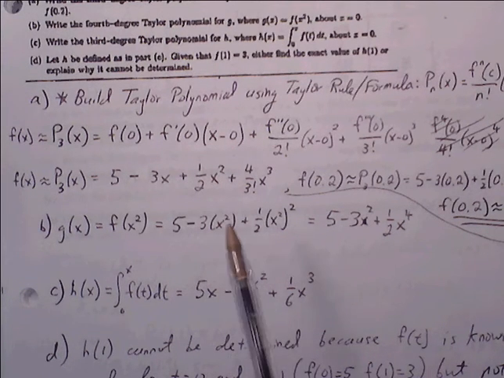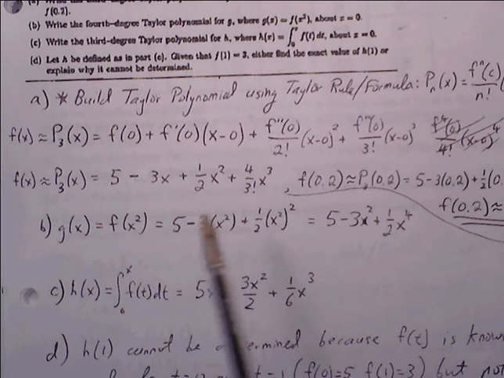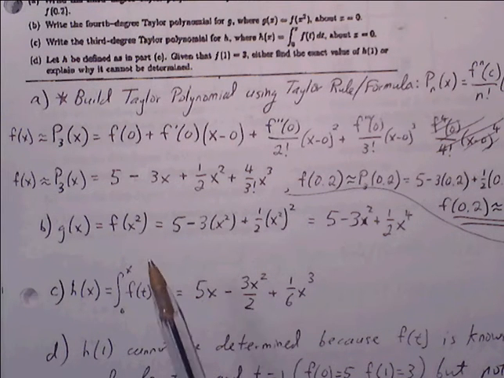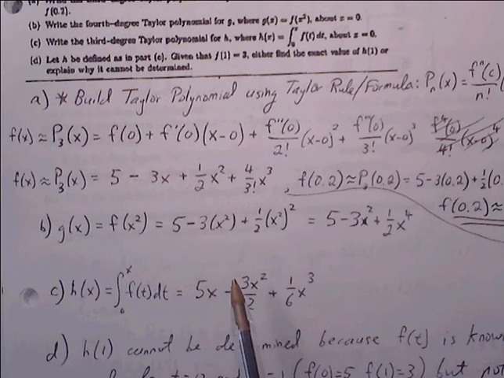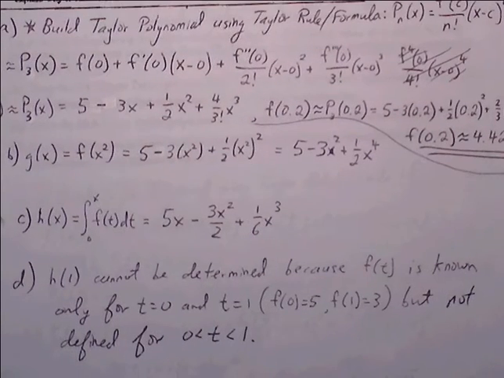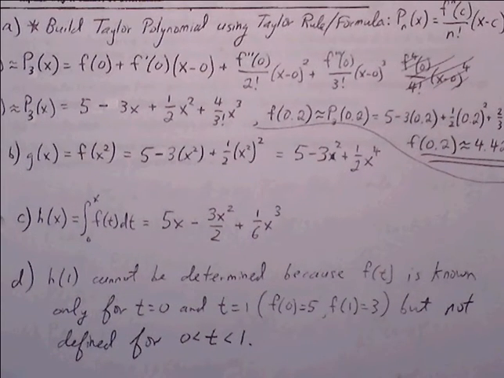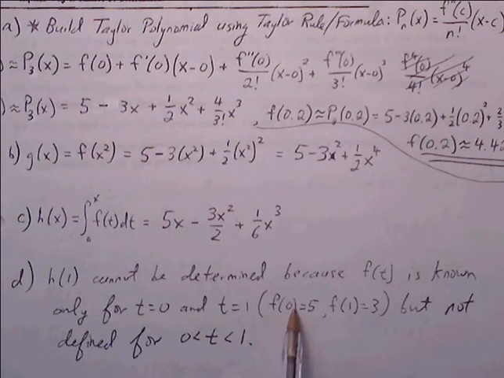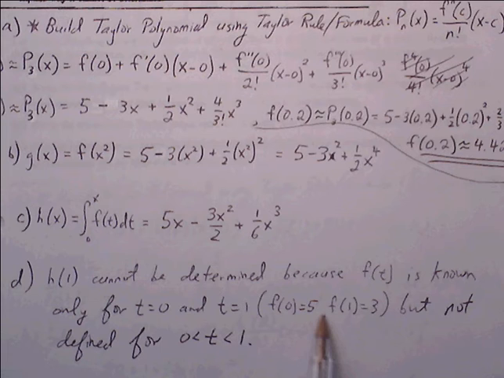Okay, part D, let h be defined in part C. Given that f of 1 is equal to 3, find the exact value of h of 1 and explain why it cannot be determined. Okay, so what we can say is that h of 1 cannot be determined because f of t is known only for t equals 0 and t equals 1. Remember that we're told that f of 0 equals 5 and f of 1 is equal to 3.